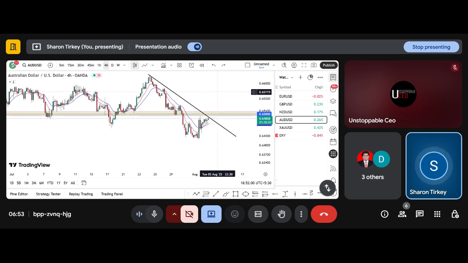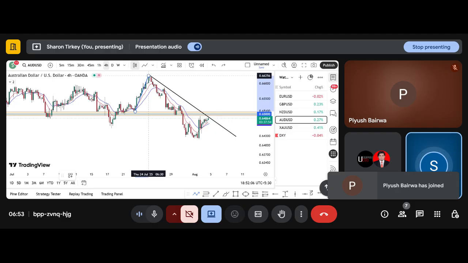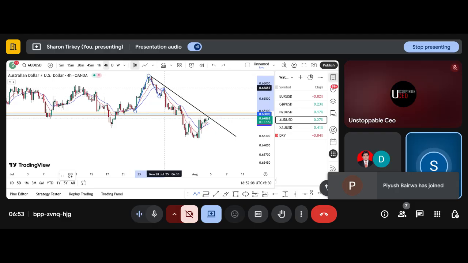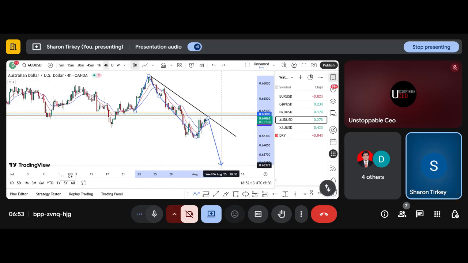Now here you see the structure for downtrend. I already told you the structure for downtrend is like this. Sorry guys.